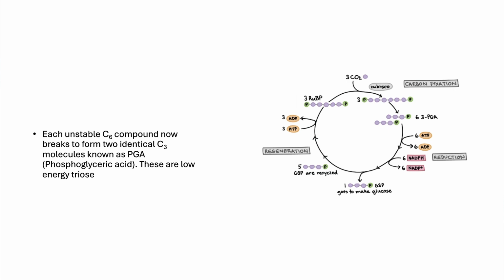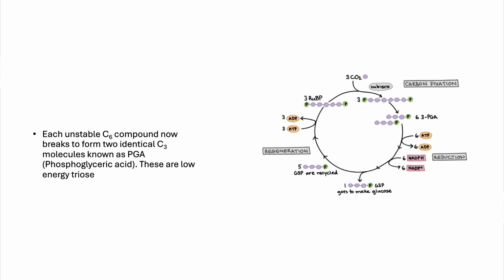This C3 compound is known as PGA, phosphoglyceric acid. Some people call it phosphoglycerate, but it's the same thing as saying phosphoglyceric acid. But this is an energy low triose.